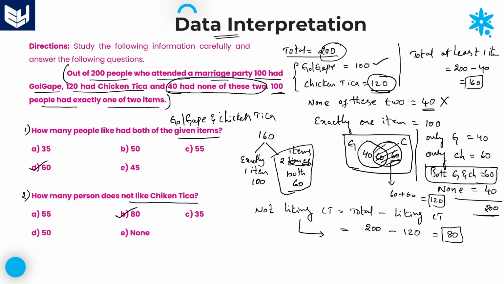So you need to be very cautious about each and every statement, and each and every individual word also plays a major role in these kinds of small passages. Why? Because only golgape, only chicken tikka, golgape, chicken tikka, all these individual values are different. So while solving these problems, you need to be very cautious about the information.